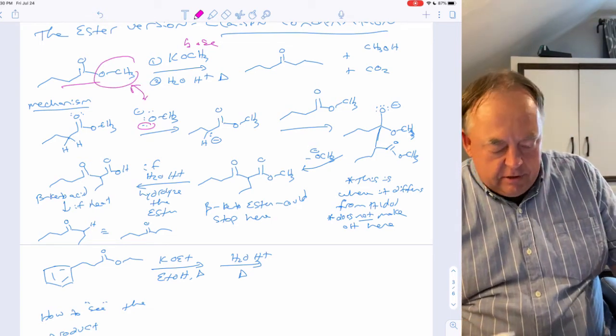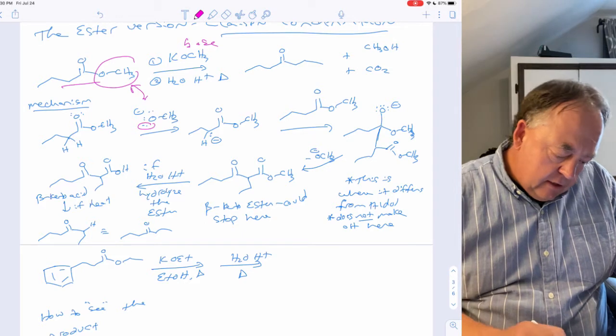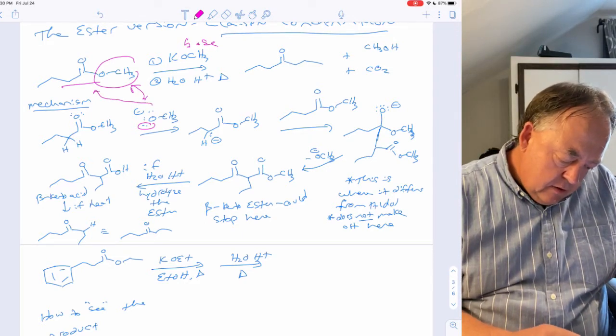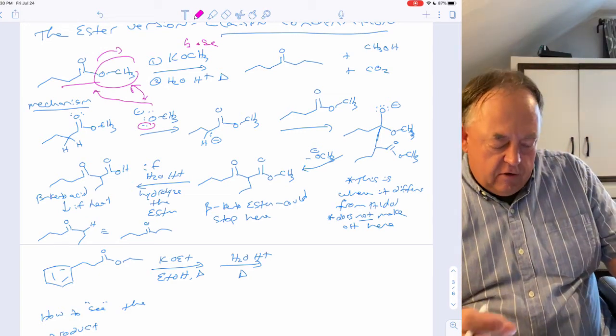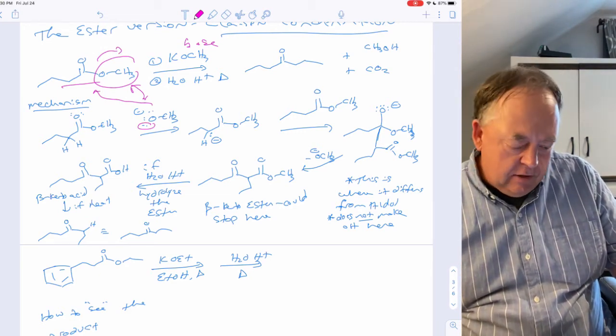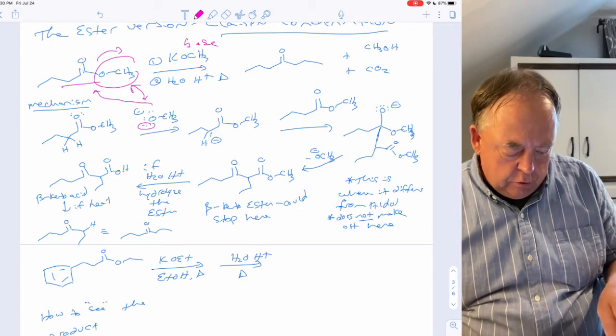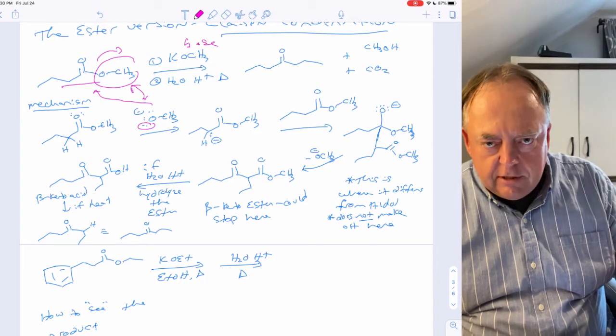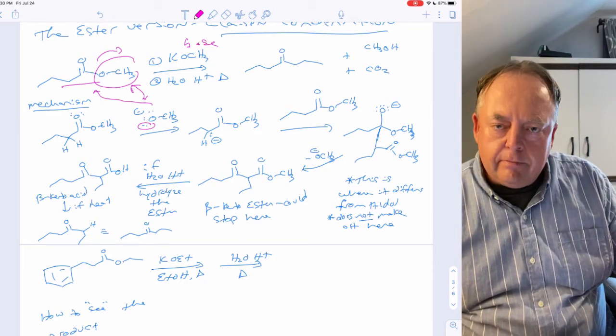You would typically use the conjugate base of whatever the alcohol is, because if this reacted here and kicked that off, with a different conjugate base of an alcohol, you would do a transesterification, and we don't want to do that. So if this OCH3 attacks the carbon-oxygen double bond and kicks off OCH3, then you get the same thing back. So it doesn't matter if that happens.